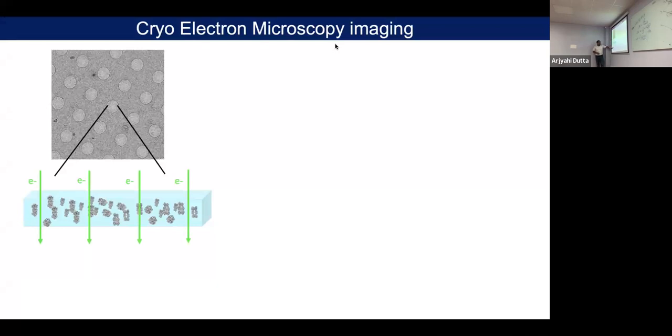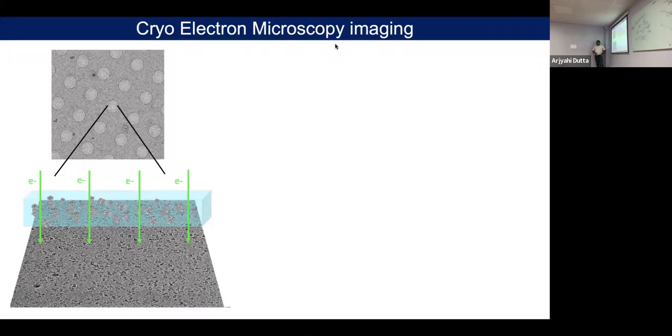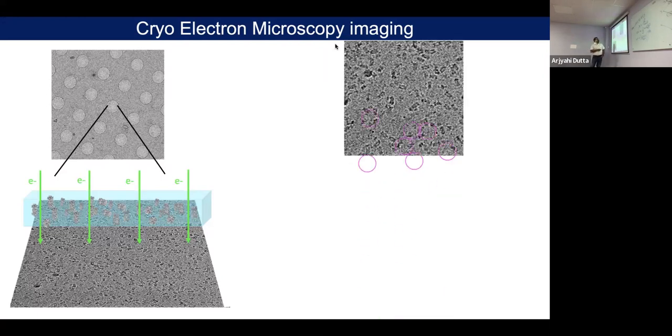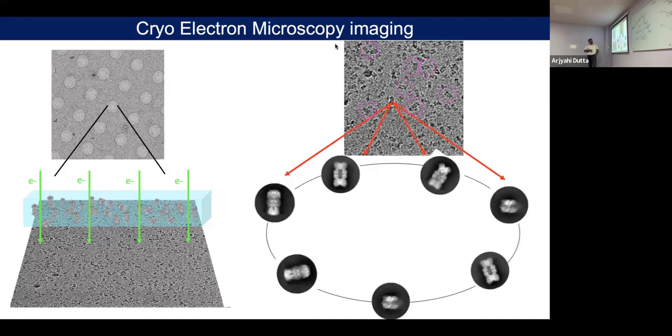Now, when the electron beam goes through, you will get a 2D image of this. Now, you take this 2D image. This is very time consuming, so we cannot explain it in one class. What we'll do, you have the individual protein molecules here. Okay, we pick them out. We classify them into different groups based on their orientation.